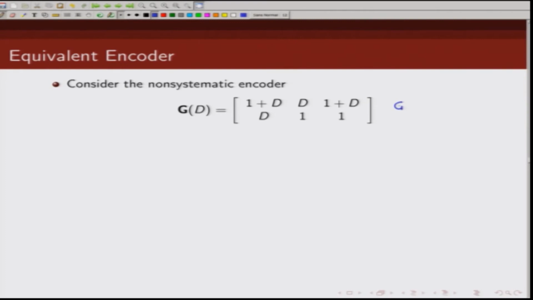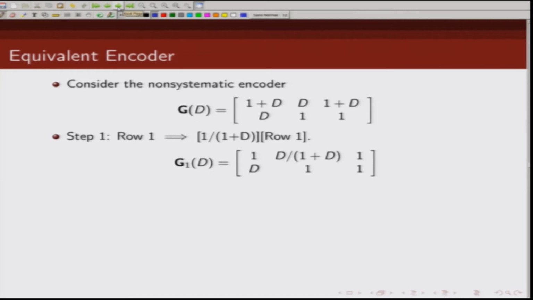The generator matrix G'(D) should be of the form identity and some matrix P. So, what we want is basically of the form 1 0 something here, 0 1 something here. So, we want to convert this into a form of this type. We will do elementary row operations to bring this generator matrix into a generator matrix of this form.